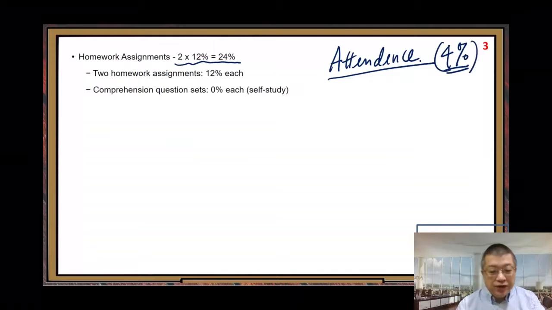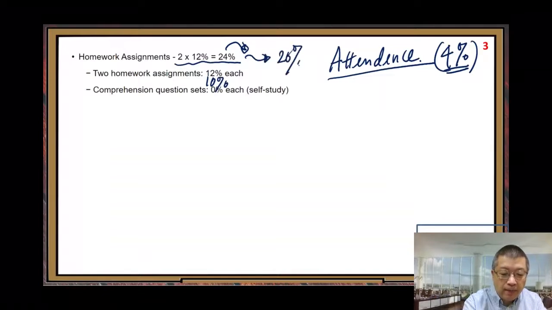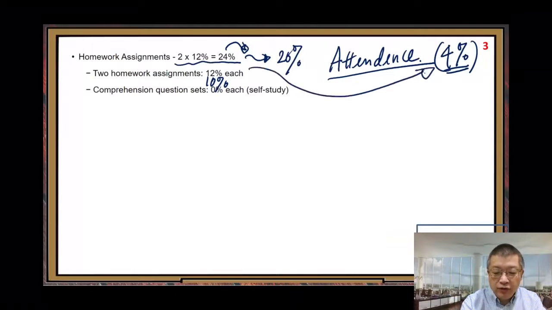So for that reason, I need to take the 4% out of the homework assignments. After modification, each homework assignment is 10%, so the 2 assignments are 20%, and the 4% moves to attendance.